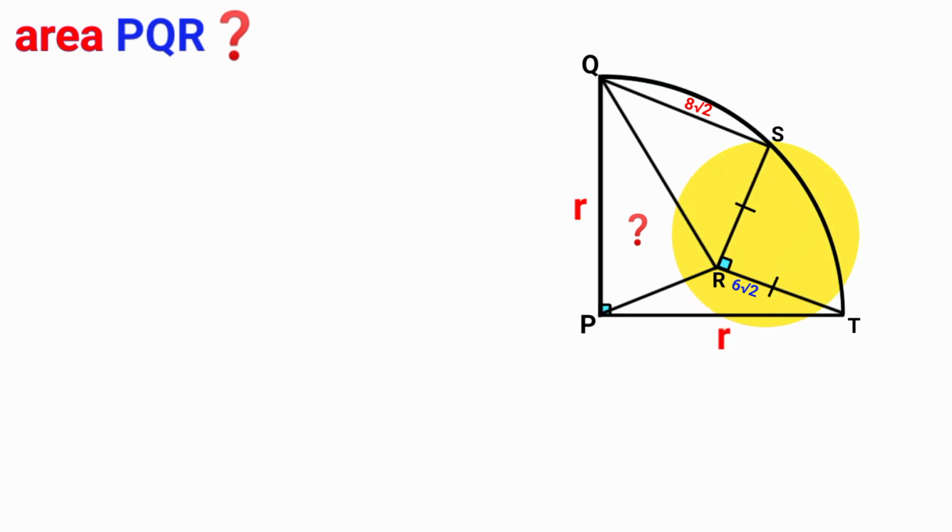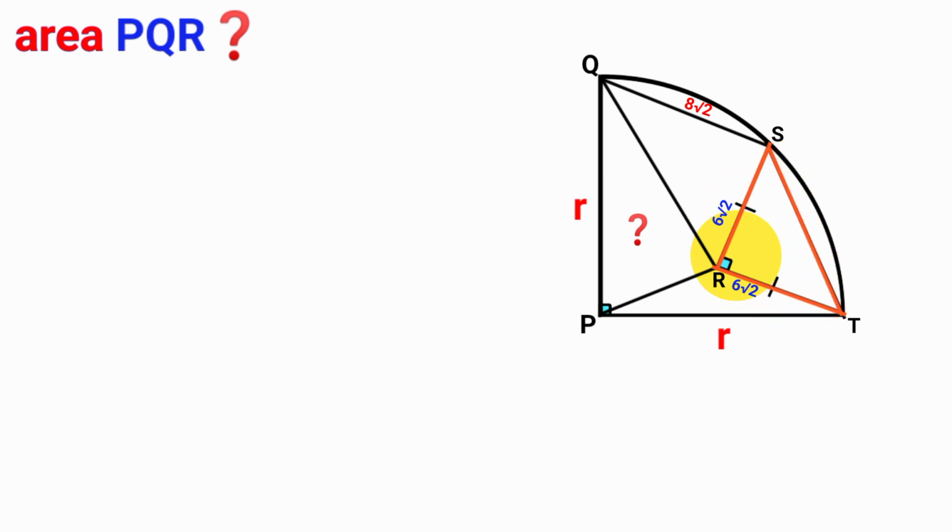Assume their lengths to be R. Now here, since this line RT and this line RS are congruent, and we have this to be 6 root 2 units in length, definitely this must also be 6 root 2 units in length. Now we draw a line that connects this point and this point. Look at this triangle RST.